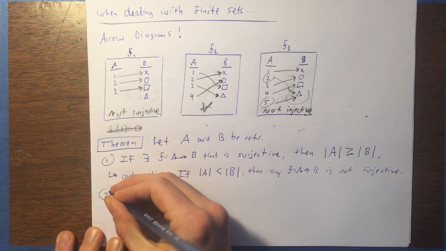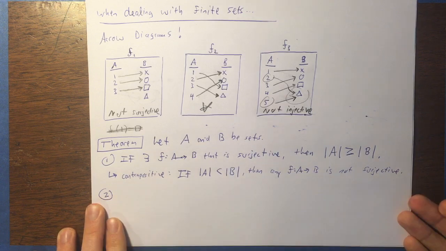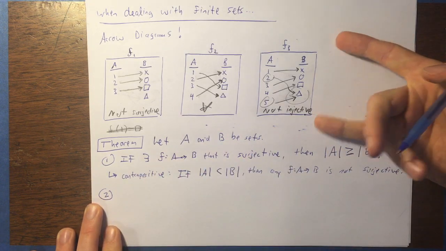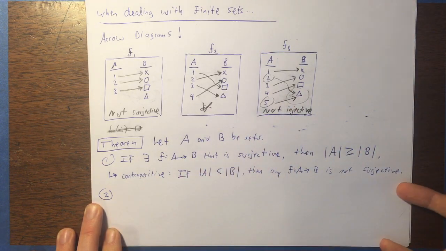Now the second thing, you can probably guess where this is going. If you think about what I said about number 3 here, you can probably figure out exactly what I'm going to write.